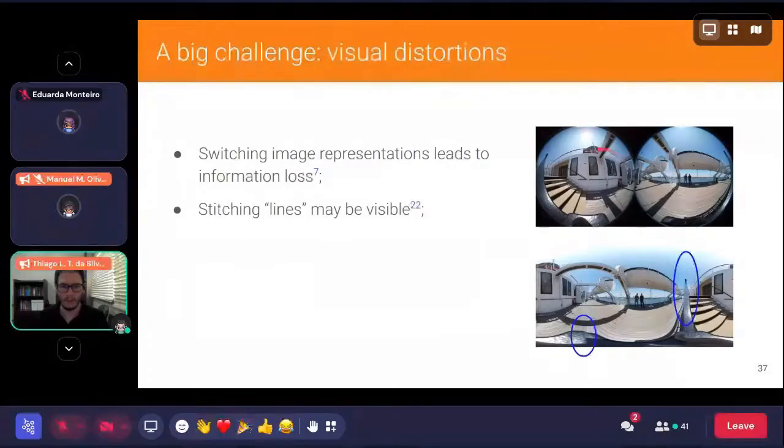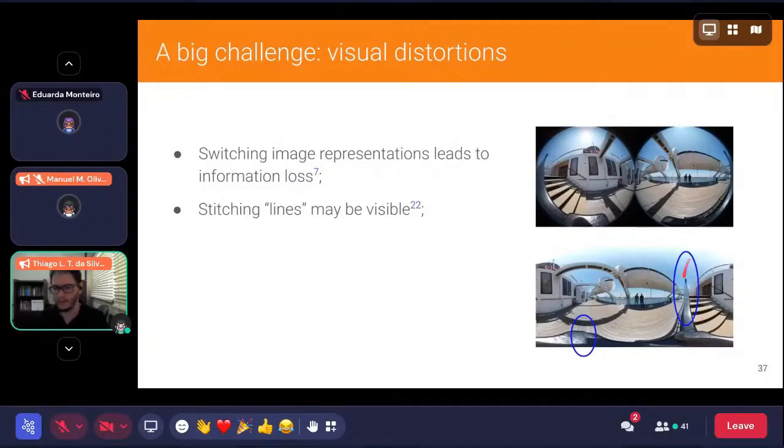When we have those multi-camera representations like polydioptric and dual fisheye-based systems, we need to stitch the different images together. And when we perform this stitching operation, we will sometimes have these stitching lines.